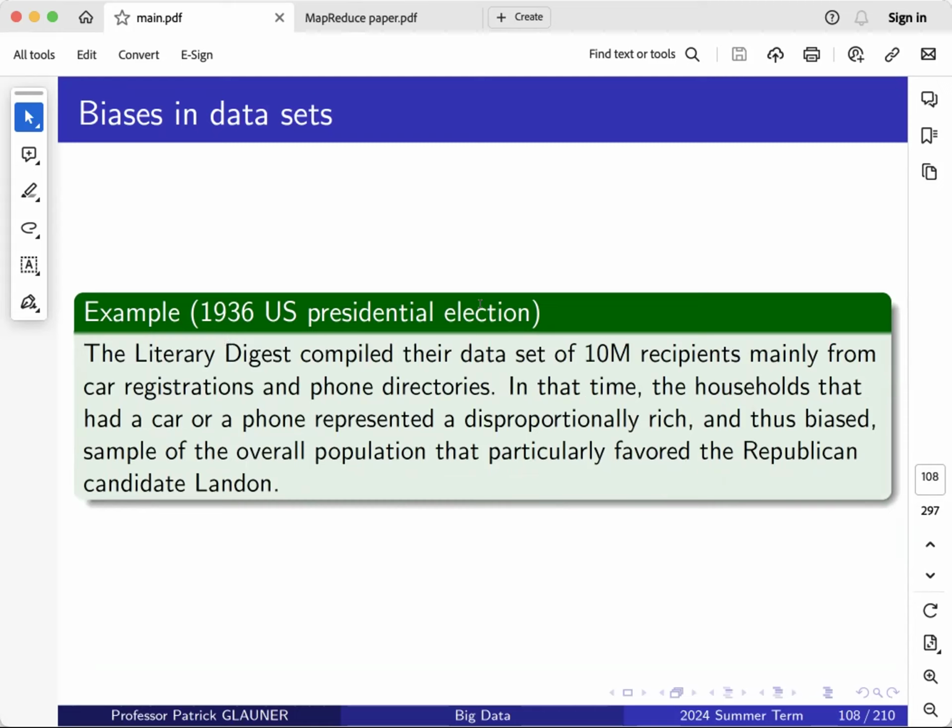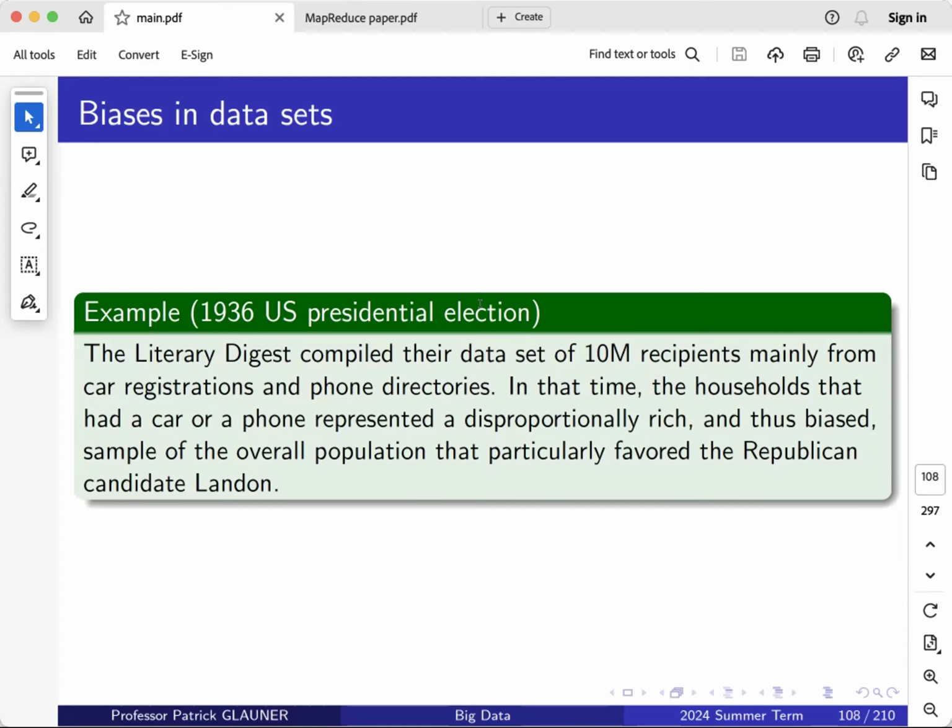But let's start with the question: where did they get that data from? They went through car registrations and phone directories to get addresses of potential voters. In 1936, those were disproportionately wealthy people, because most people at that time did not have a phone or a car. The ones that had a phone or a car were disproportionately rich and extremely favoring the Republican candidate, Landon.